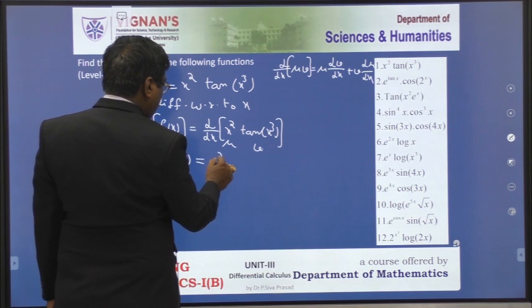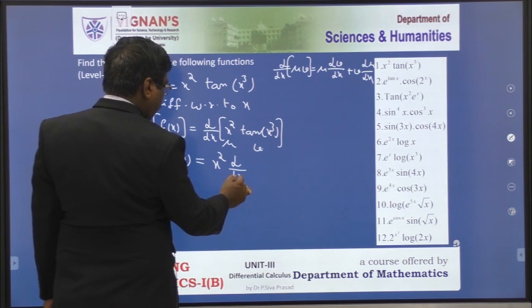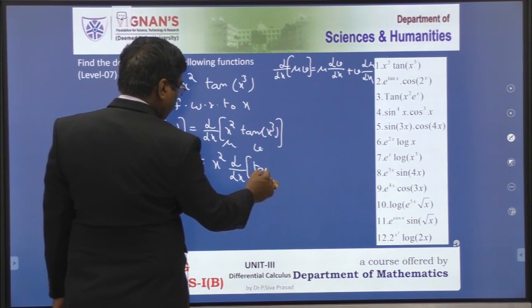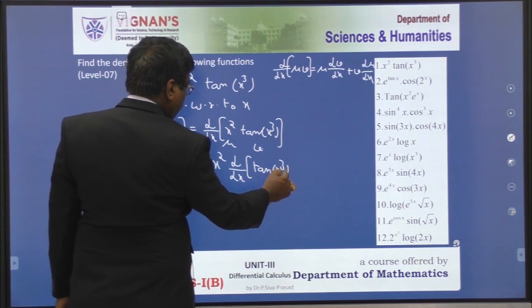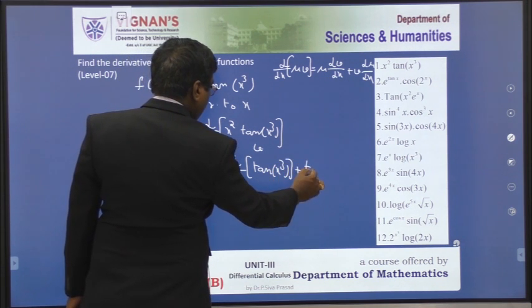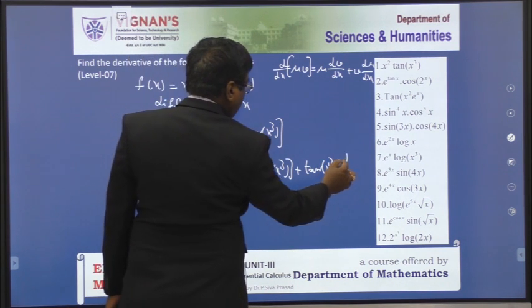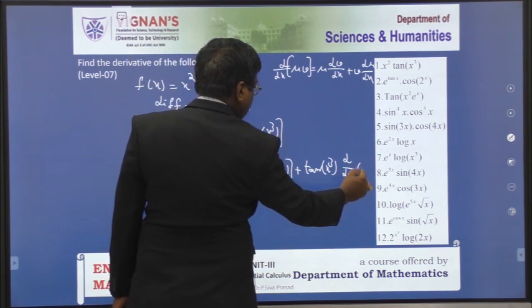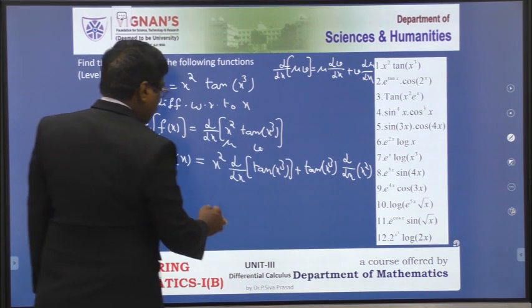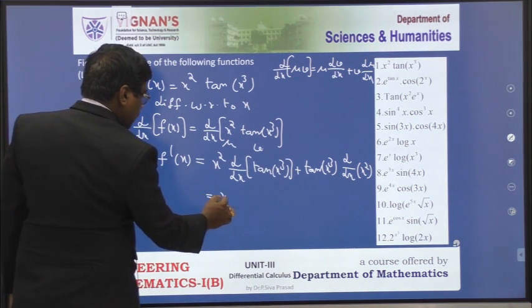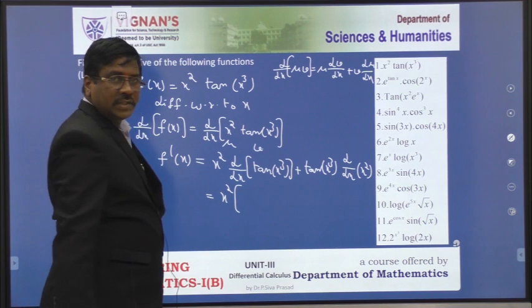Then x square into d by dx of tan of x cube plus tan of x cube into d by dx of x square.